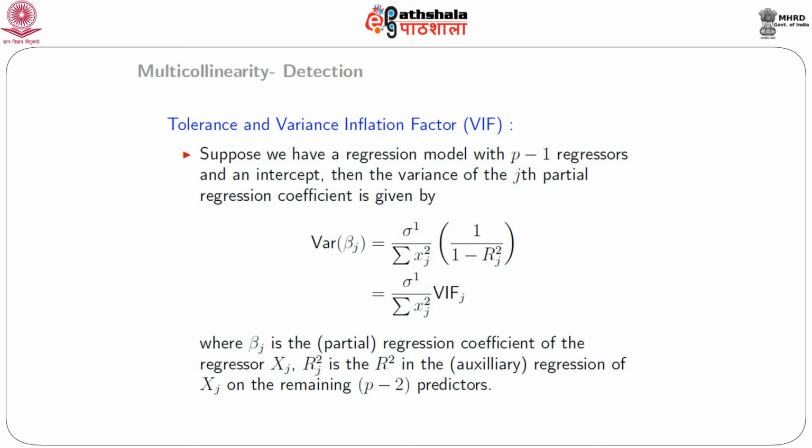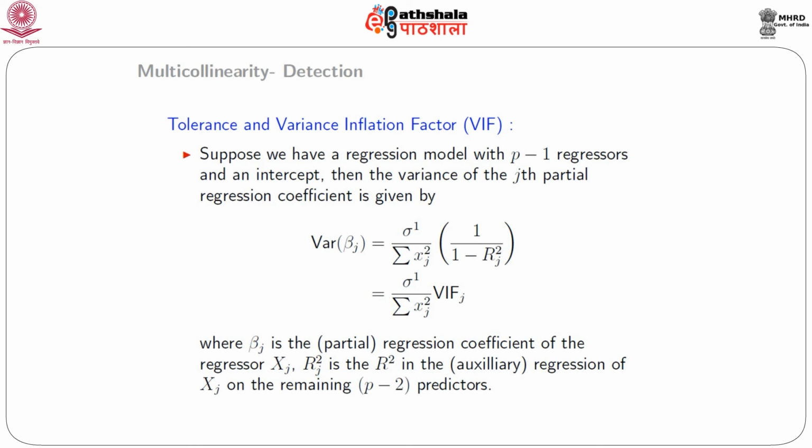Now we know from the definition that 1 divided by 1 minus Rj square is the jth variance inflation factor. So variance of beta j can be written as sigma square divided by summation xj square times variance inflation factor VIF subscript j.